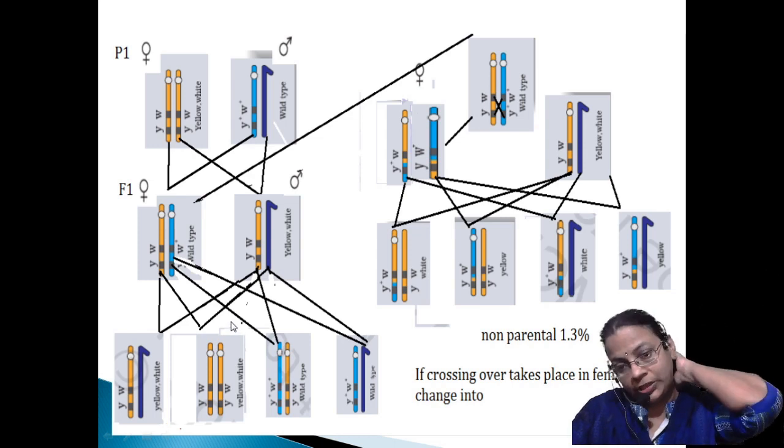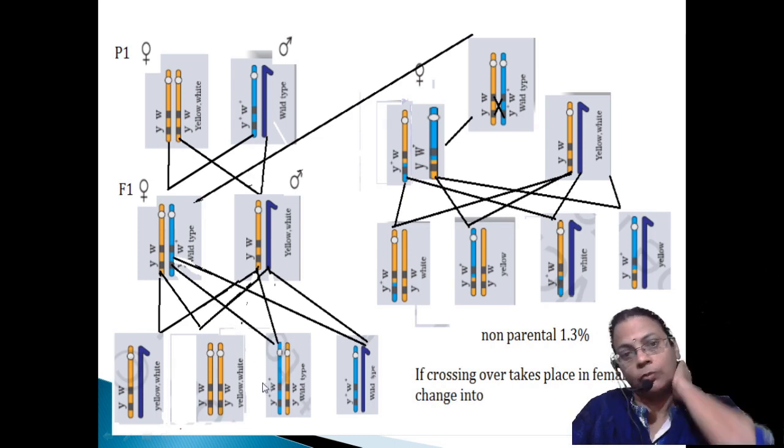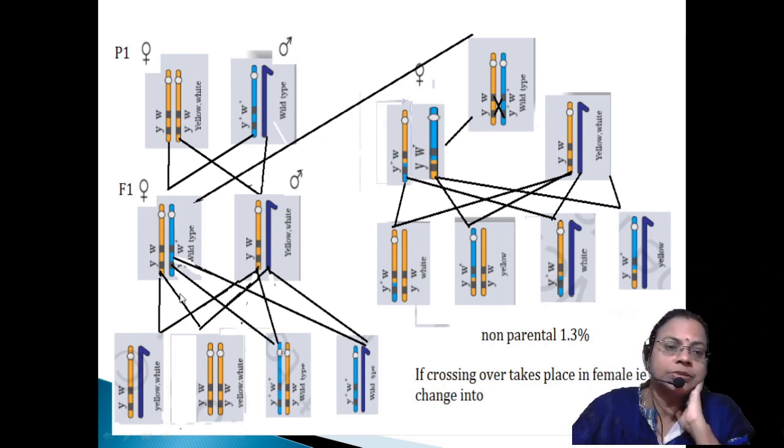How the results vary: these are the parental combinations. If there is no crossing over between the parents, between the female X and X chromosome, you will get combinations like this.